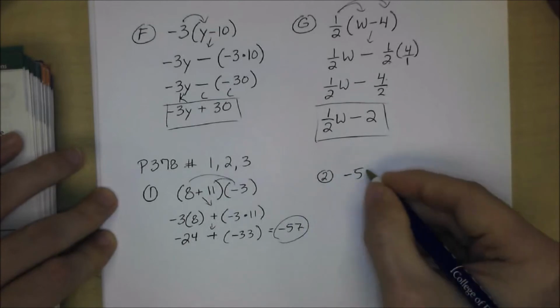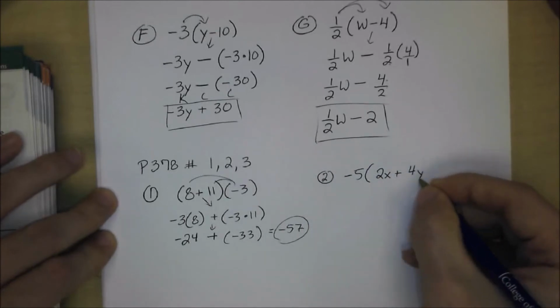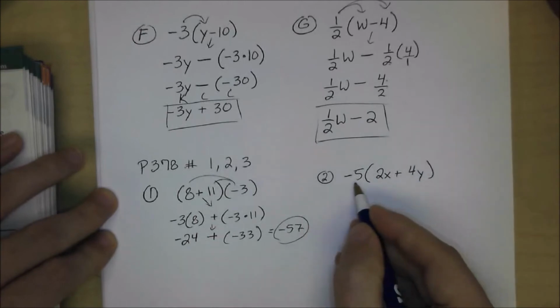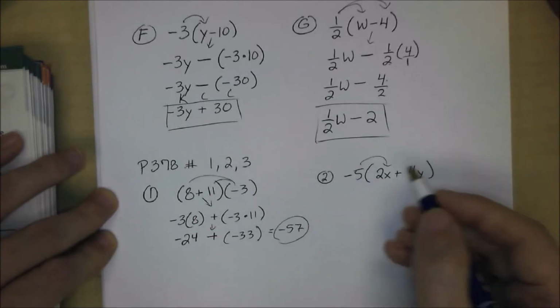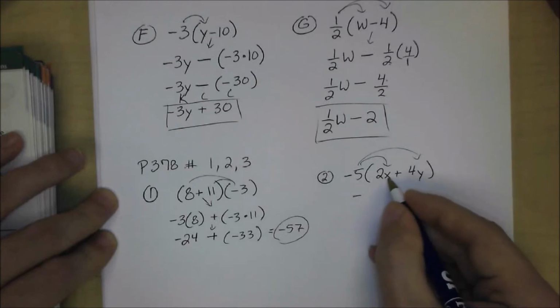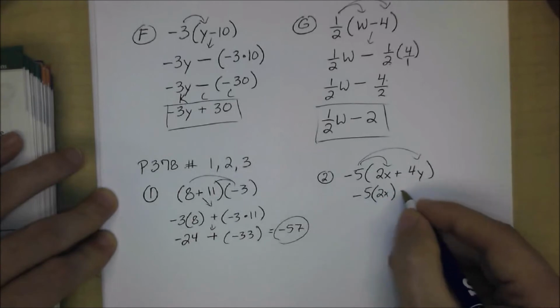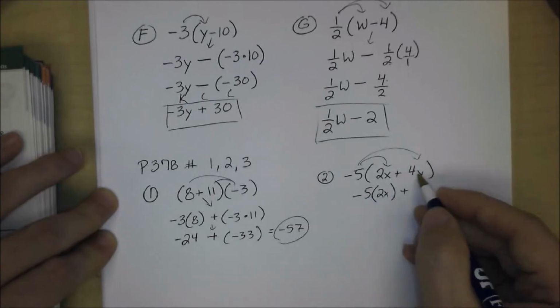Number 2. -5 times the quantity 2x plus 4y. So here, I've got -5 times this and -5 times that. So we get -5 times 2x plus -5 times 4y.